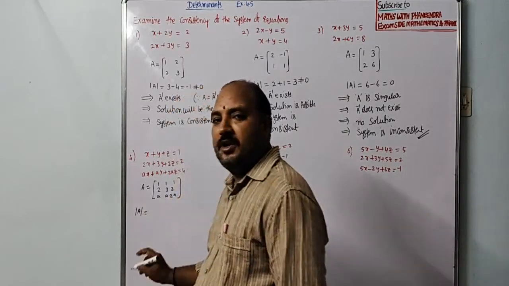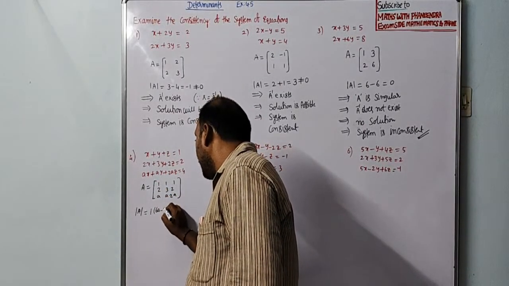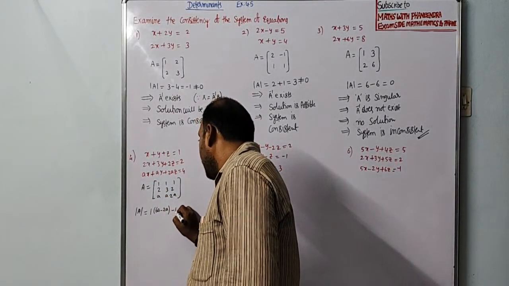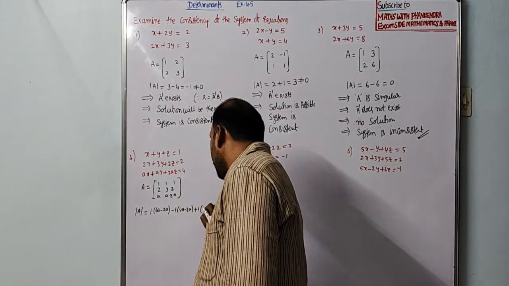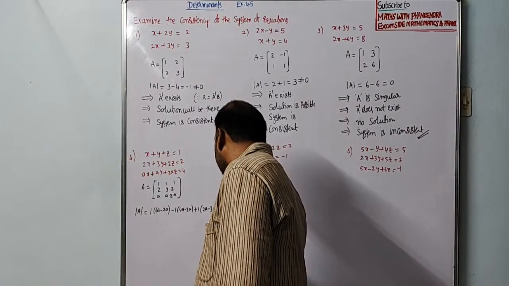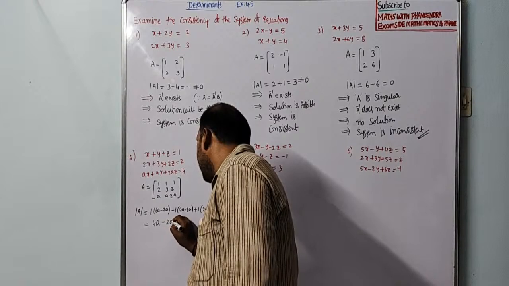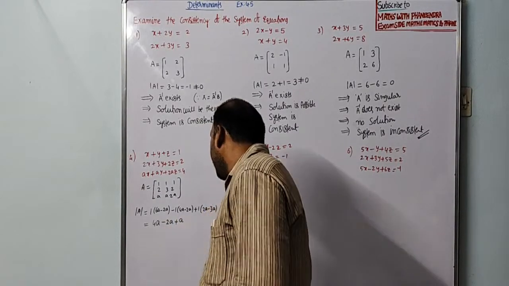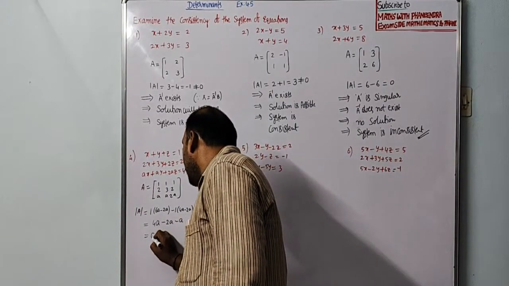We know how to do the determinant of 3 by 3. So 1 into 6a minus 2a, minus 1 into 4a minus 2a, plus 1 into 2a minus 3a. That is equal to 4a minus 2a plus minus a, sorry, so minus a. That is equal to a.